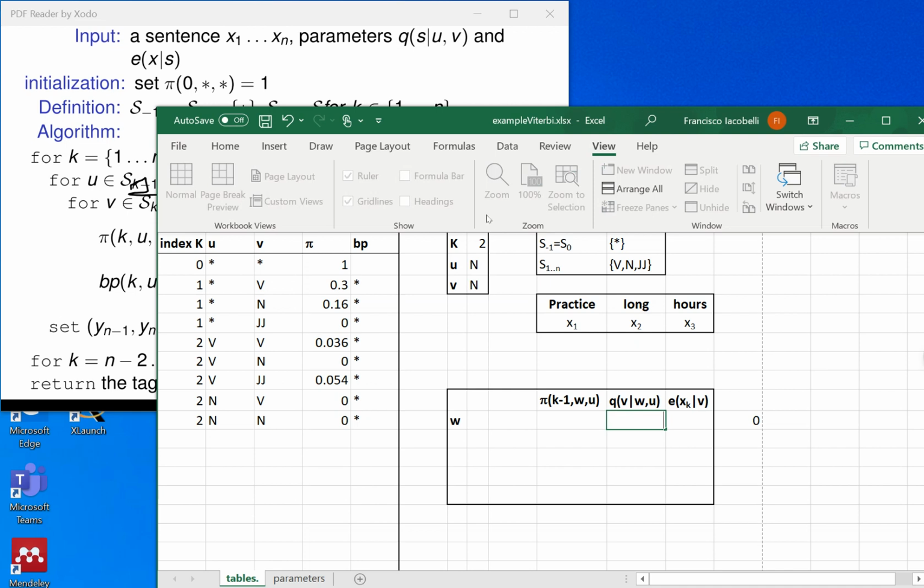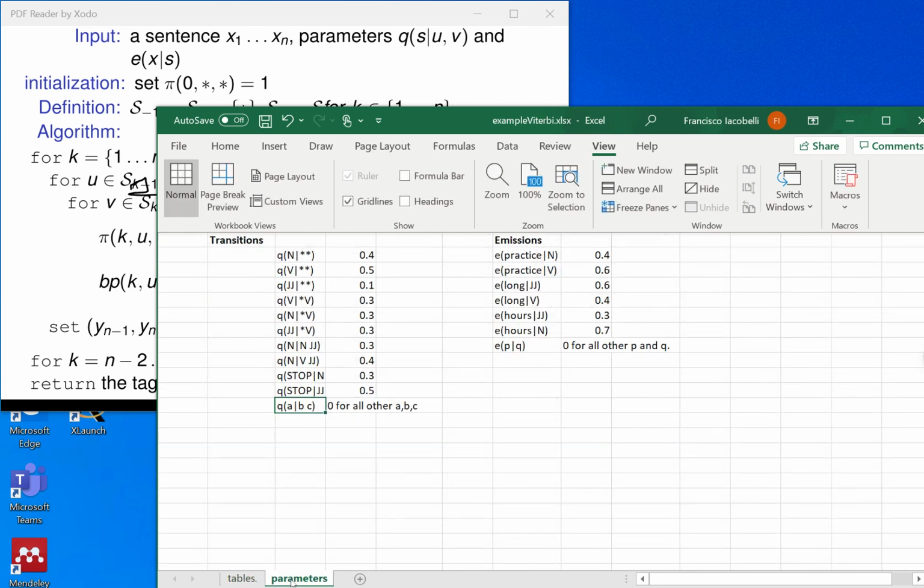Now we move to JJ. W is still looping through S sub 0, so it's a star. And we'll look for pi of 1 star N, which we're doing a lot, 0.16. And here we're looking for Q of JJ given star N. If we're looking at our parameters, JJ given star N is nowhere to be found.